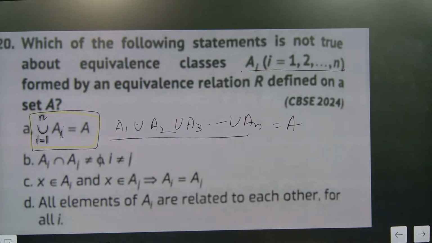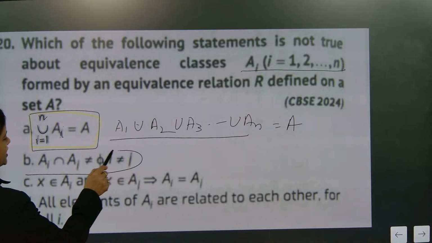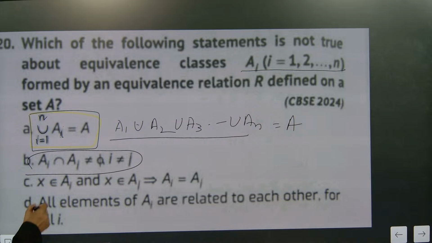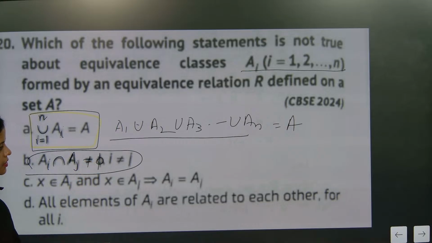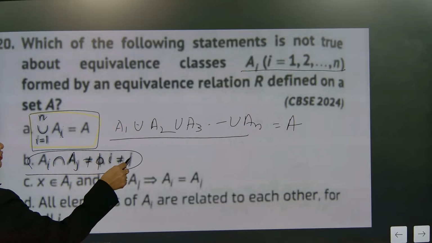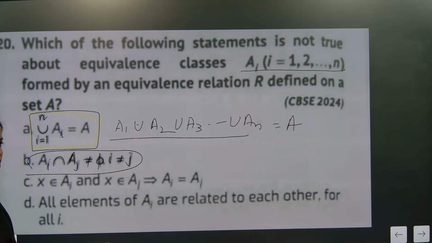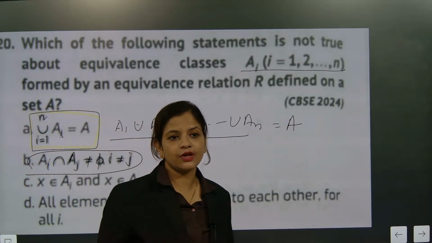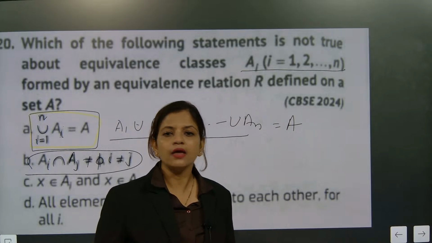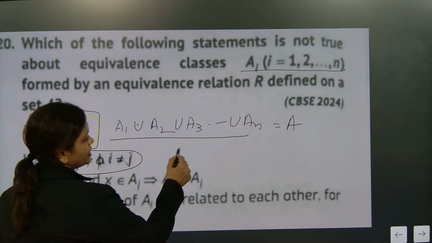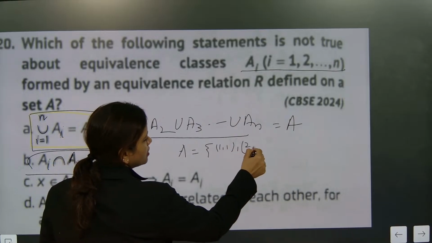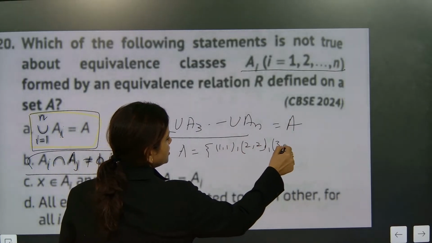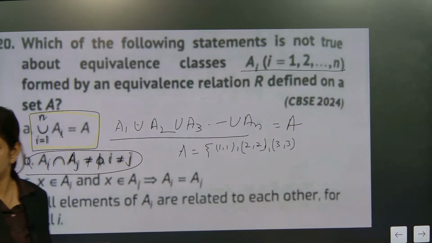Shivatsan, good evening, beta. Now check the B part nicely. They are telling us that A_i intersection A_j is not equal to empty set when i is not equal to j. It's not at all a true statement. Are you understanding? Why? Because there may be a situation when A has only three elements: 1, 2, 3.